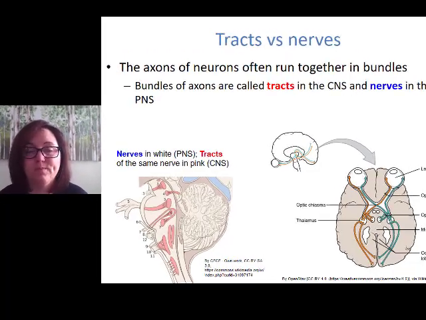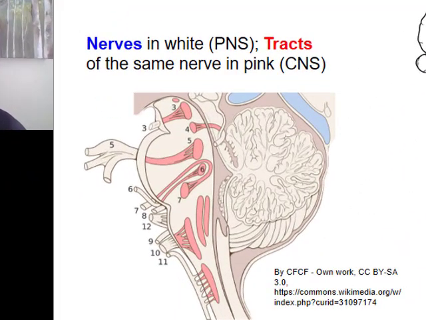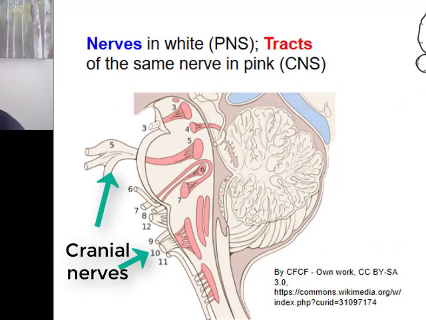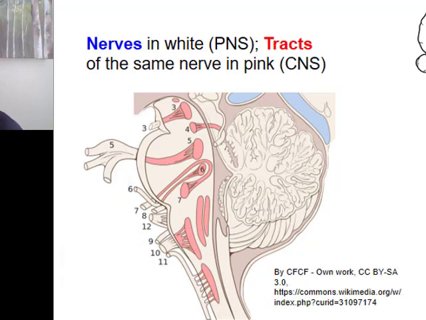So for example, when we look at a cross section through the brainstem, we can see that there are 12 pairs of cranial nerves attached to the outside of the brainstem. Each of these nerves is continuing on inside the brainstem, where we call them tracts. So let's take a look at the oculomotor tract and nerve.